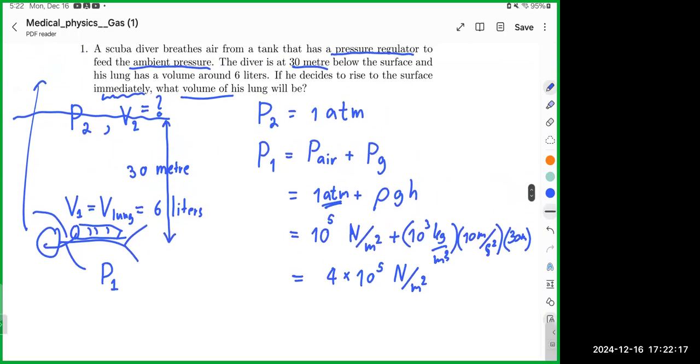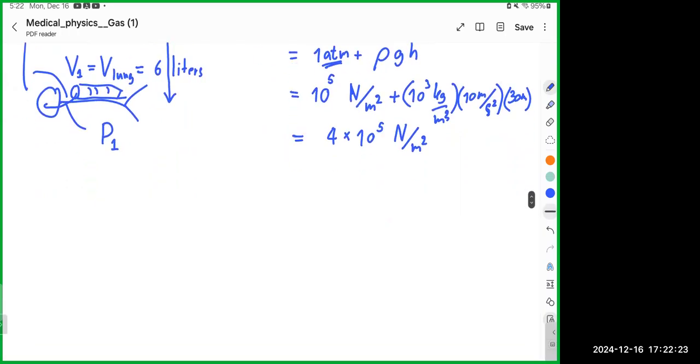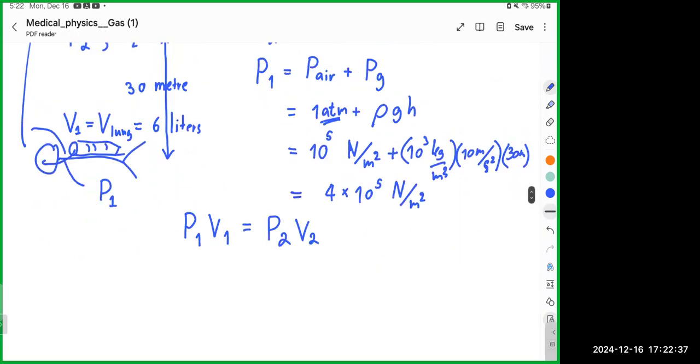Because we assume that the temperature doesn't change a lot, we can use the reduced law, not the full form of the ideal gas. You can neglect temperature right here.